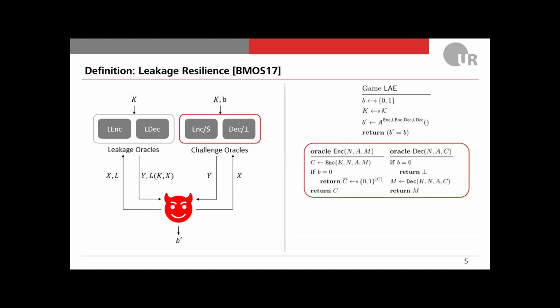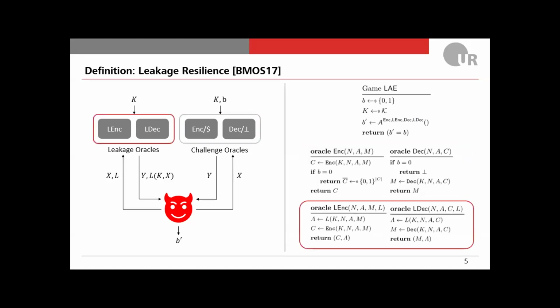Additionally to that, the adversary can obtain side channel leakage. This is modeled by adding two leakage oracles, one for encryption and one for decryption. For both, the adversary can query some input X and a leakage function L from some predetermined set of leakage functions, and as an output obtains Y, which is either the encryption or decryption of the inputs, and the leakage function evaluated on the key and the inputs.